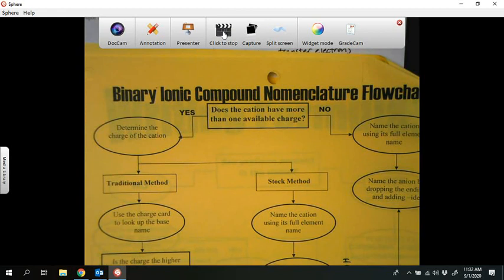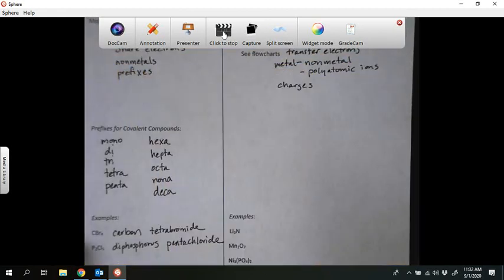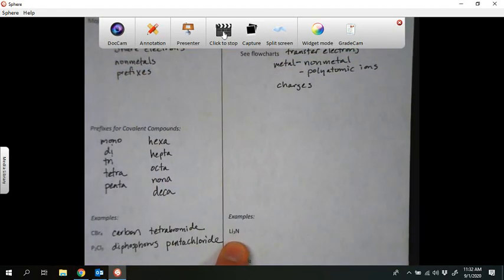So the first thing we have to do is, does the cation have more than one available charge? Cation is going to be the metal ion, or the first element in the compound is the cation. It's always written cation, anion for ionic compounds. So with that, if we look at our example, you see Li3N.